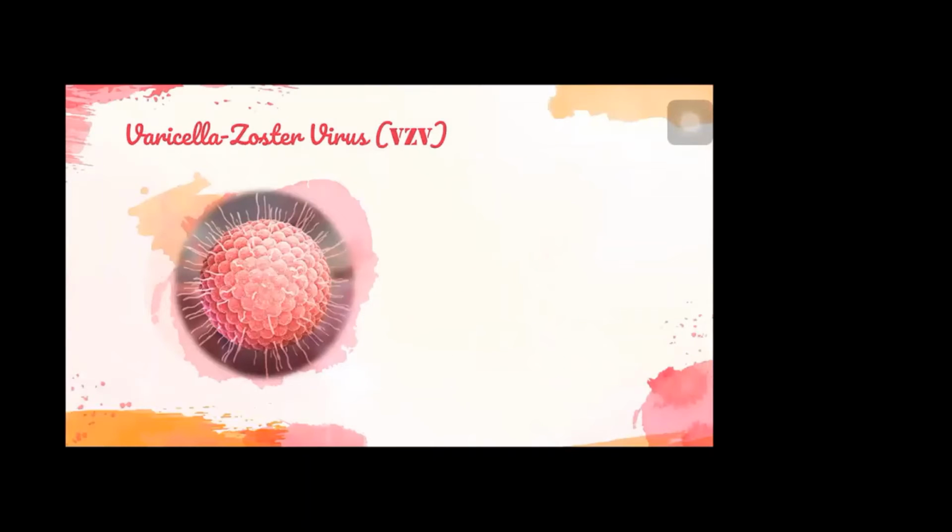This is the etiology, the causal agent, the varicella zoster virus, VZV. It is human alpha herpes virus 3, one of the 9 herpes viruses known to infect humans, and humans are the only reservoir for this virus.